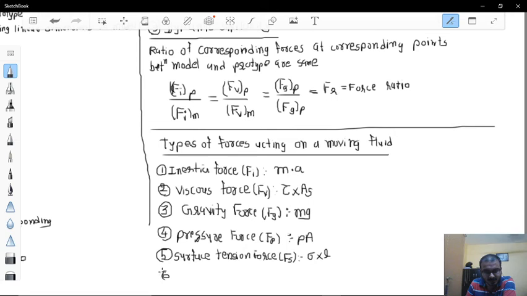Then sixth one and last is elastic force. Fe, which is given by elastic stress into area. So we can say it as K into area.